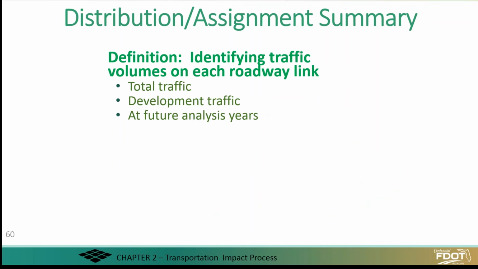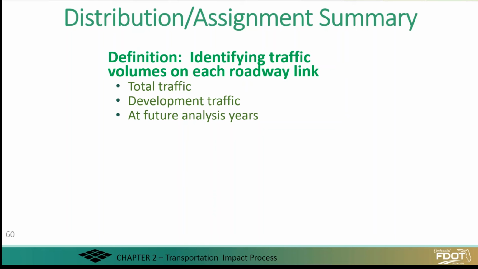So in summary, the definition of identifying traffic volumes on each roadway link: we look at total traffic, which is the traffic on the link itself that the model is generating or putting onto the link. So if you run the model, you can look at the network itself, look at each specific roadway segment and get what the total volumes are, the total traffic.